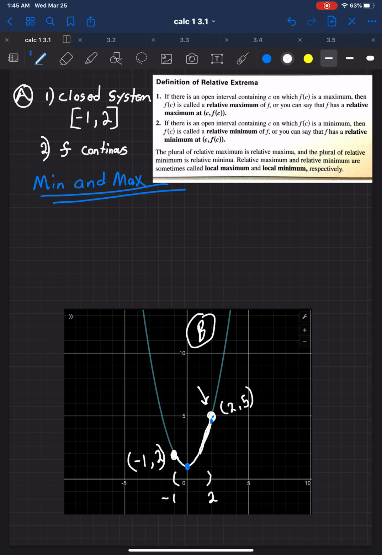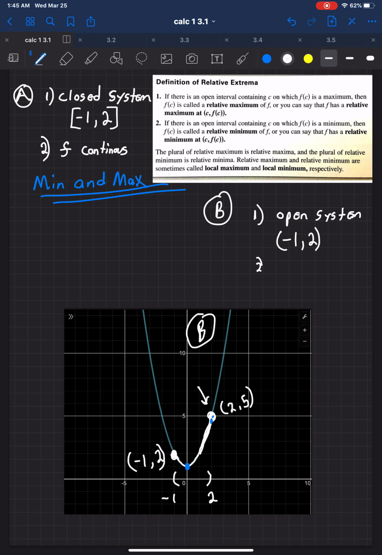Now, in part B, well, we didn't have a closed system, right? We had an open system. In other words, we went from -1 to +2, never actually reaching either of those extremes.